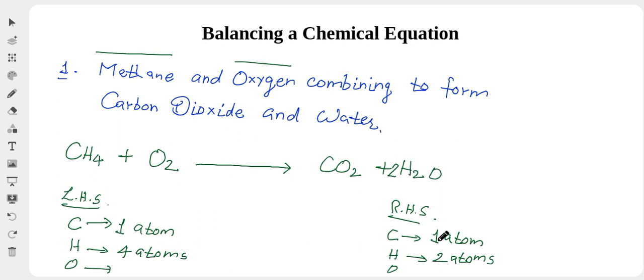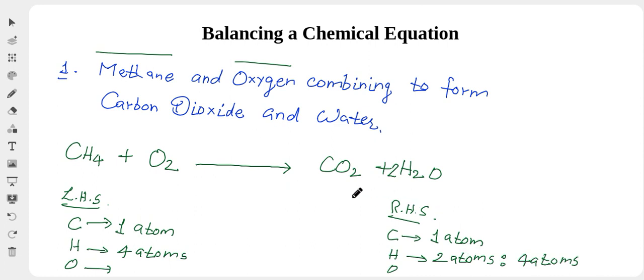Now I have 2 oxygens here. So instead of 2 atoms, hydrogen will now become 4 atoms. This means that hydrogen on both the sides has been balanced.